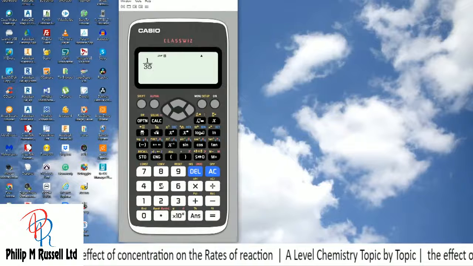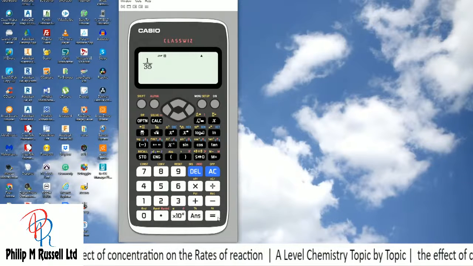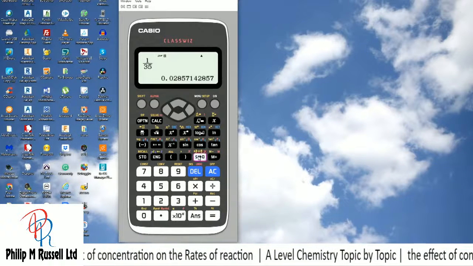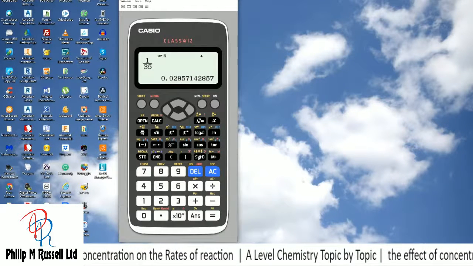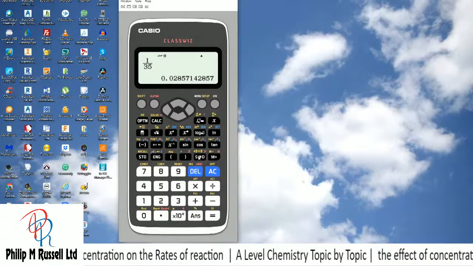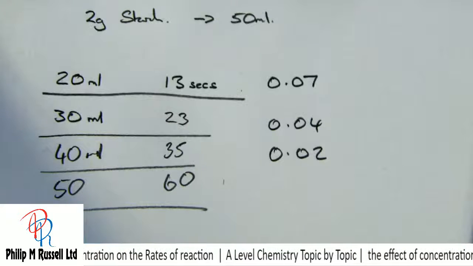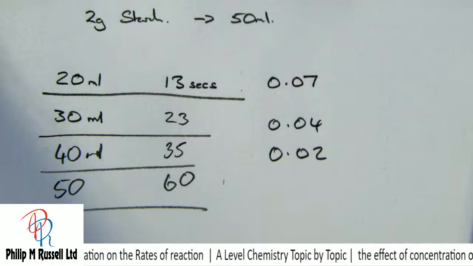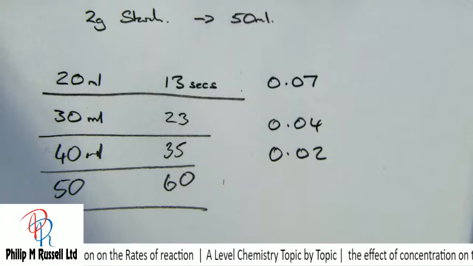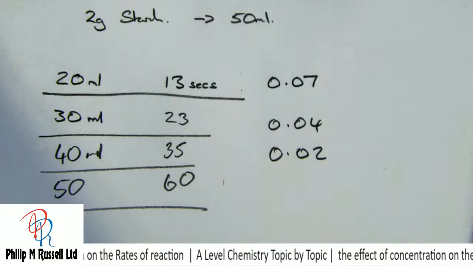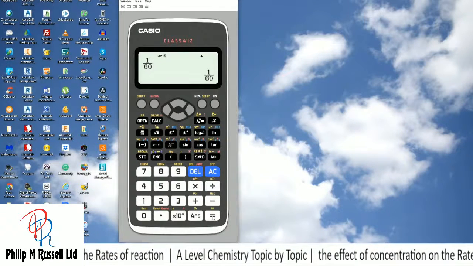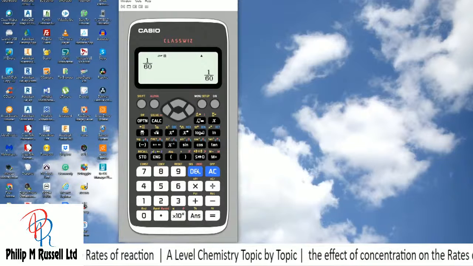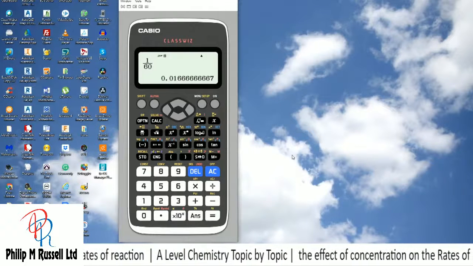And I didn't mean to press that button. 1 over 35. And that's going to give us 0.02. And finally, we're going to do our 60. Which is going to give me 0.01.